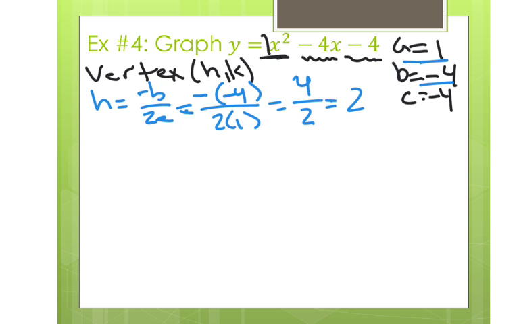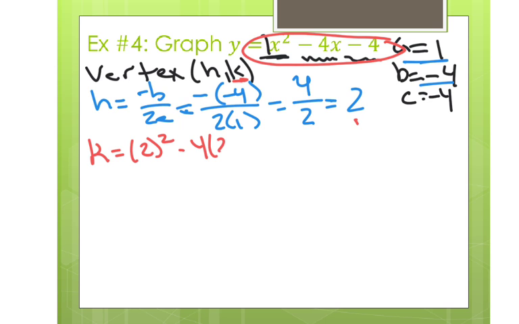Now we're going to find k. To find k, we're going to take our equation, x squared minus 4x minus 4, but instead of plugging in x, we're going to plug in our h value. So instead of x squared, we're going to have 2 squared minus 4 times 2, and then subtract 4. 2 squared is positive 4.